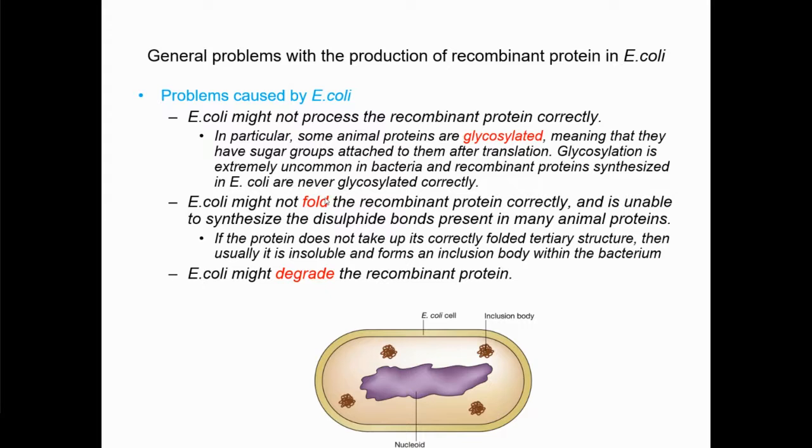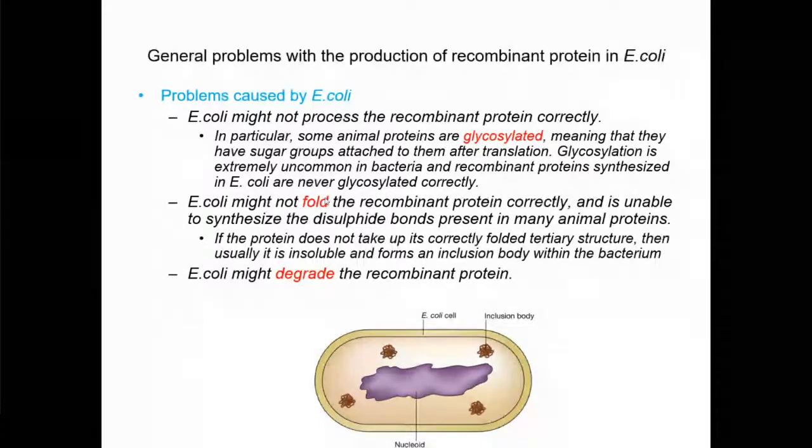Okay, so basically the cysteine can form the disulfide bond and stabilize the tertiary protein structure. The bacteria cell cannot do this disulfide bond between the cysteines, and also the bacteria might degrade the recombinant protein.